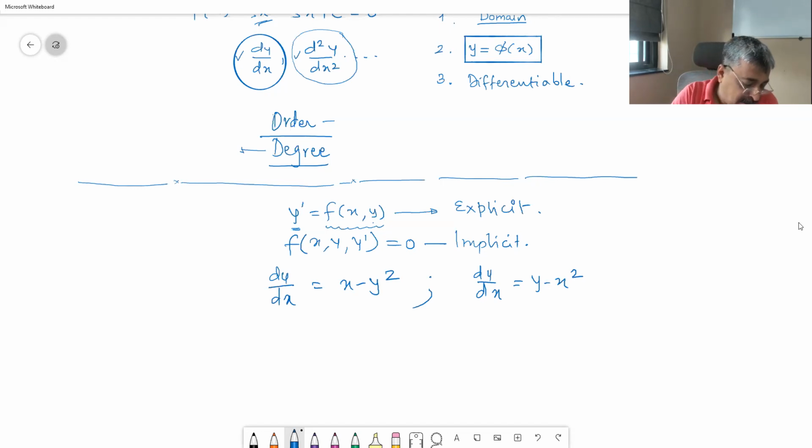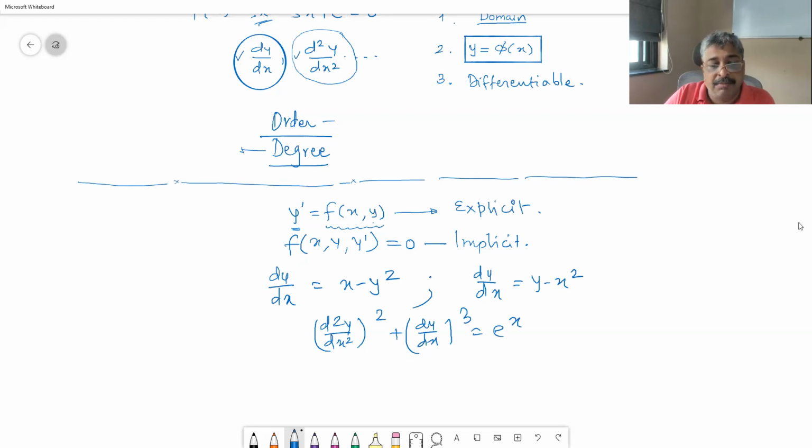Implicit example, if I want to write: d2y by dx square, whole square, plus dy by dx, whole cube, is equal to e raised to x, something like this.